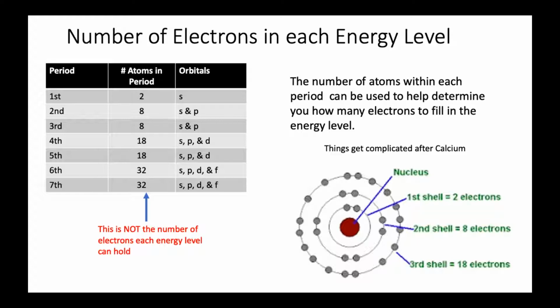Each energy level is going to have different orbitals. An orbital is a spin or movement of the electron. Each energy level can have different orbitals, but not all of them are in all of the energy levels. That's what we're seeing here, and as a result, everything after these right here gets complicated.